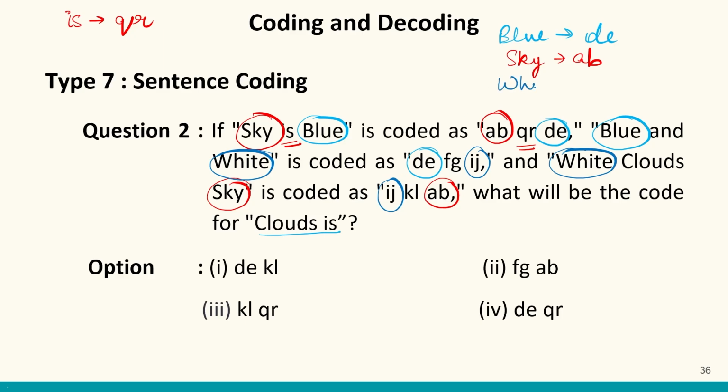So white is coded as IJ. So in white clouds sky, the only word that remains is clouds, and the only code that remains is KL. So clouds will be coded as KL. So our answer will have both KL and QR, which is option number 3. So option number 3 will be our answer.